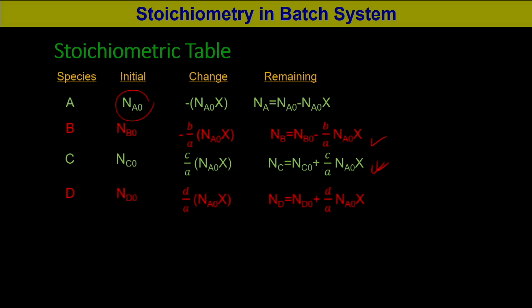Similarly, for D, Nd naught is the initial amount, the change is D by A Na naught X, and the remaining would be Nd naught plus D by A Na naught into X. For the products it is increasing from the initial amount, and for the reactants these are decreasing after the chemical reaction. That is why the reactants are represented with a negative sign, and the products with a positive sign.